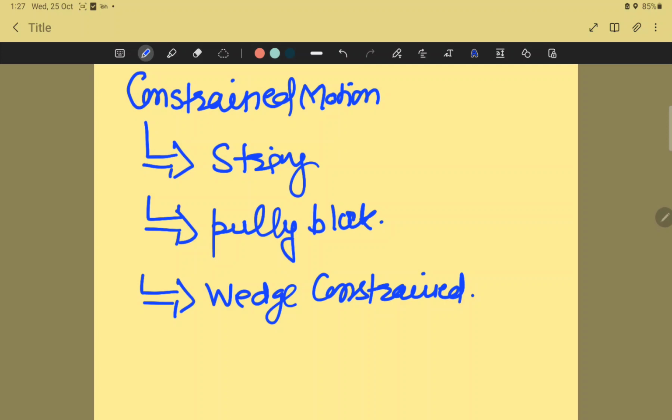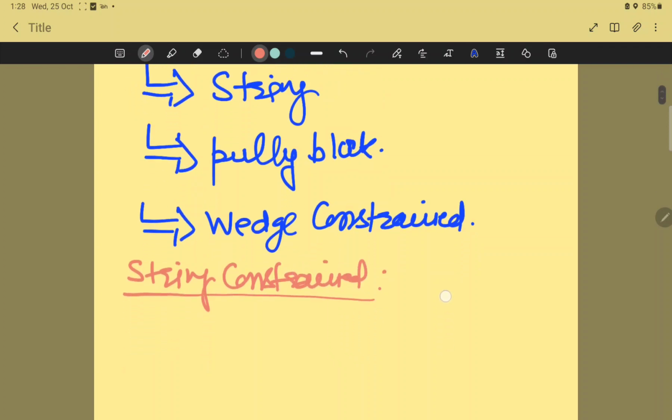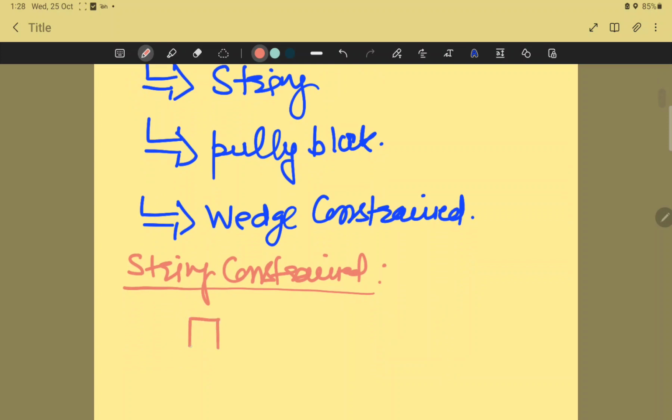So let's start with a string based system. A string constraint. Now if you're talking about a string constraint, let's quickly see what will happen when the string is attached with blocks A and B. Each and every point surely possesses, for the sake of constraint, a very similar nature.